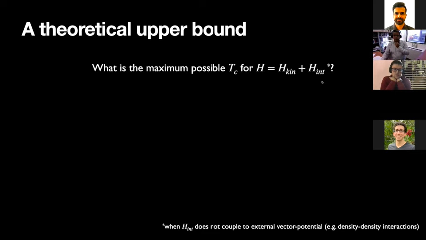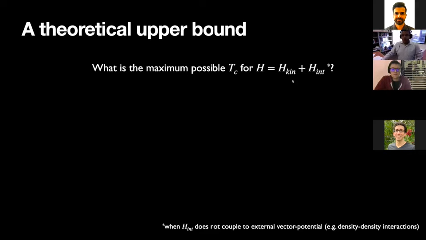For the time being, the only assumption that I include is that this interaction is such that my external vector potential doesn't couple to it, meaning it's either of a density type, completely local. It can be more complicated, but when I introduce minimal coupling, the vector potential doesn't affect this term. But of course, it does affect the non-interacting part of the Hamiltonian.